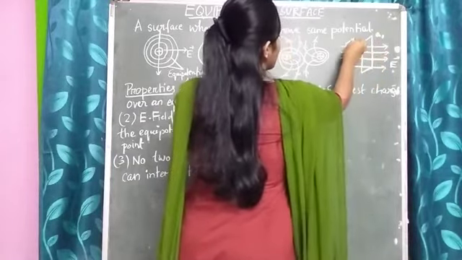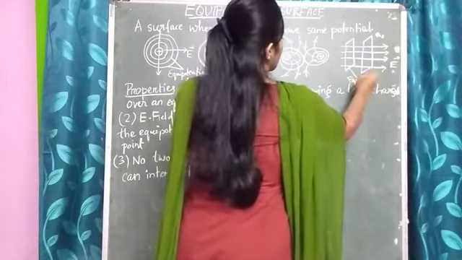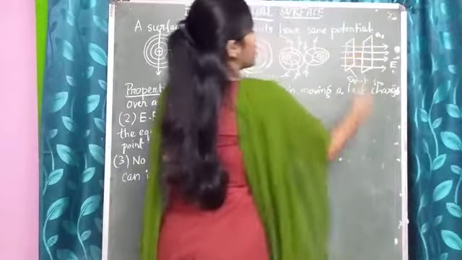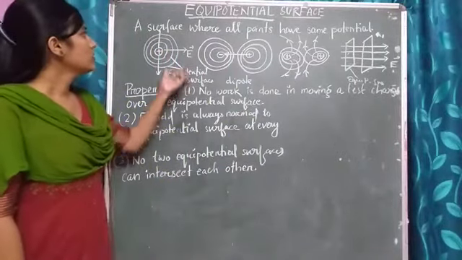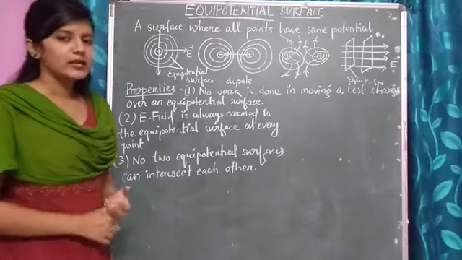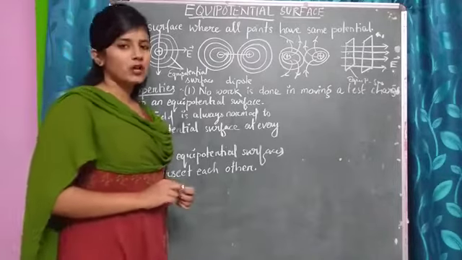If this is an equipotential surface, then all the points on it will have equal potential. So we get an idea about the equipotential surface: a surface where all the points have equal potential.